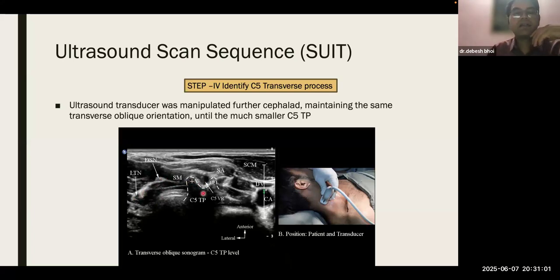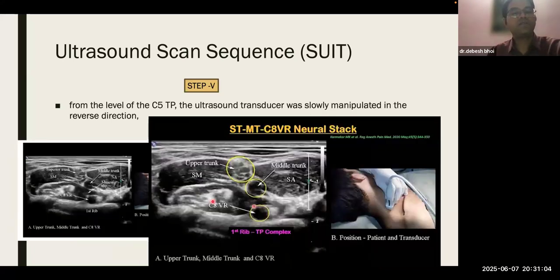The next step, once you have done the C5 transverse process level, is to come back in the reverse direction so that you can identify each and every element. C6 and C5 form the superior trunk, and the middle trunk is formed by C7. The probe is lying over the first rib, the T1 transverse process.